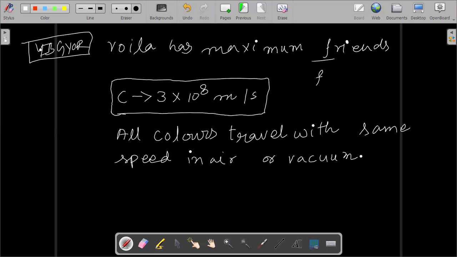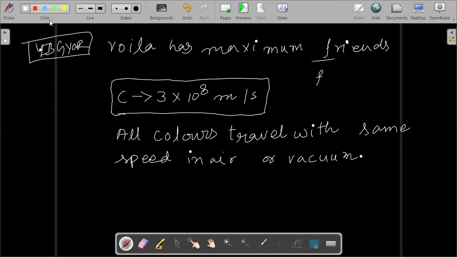Okay. Now in other media, when the colors of light travel, or when the white light travels through other media, the different colors have different speeds. Okay.